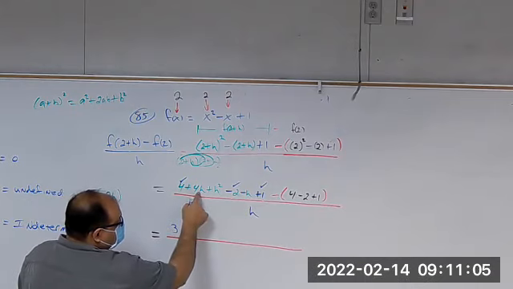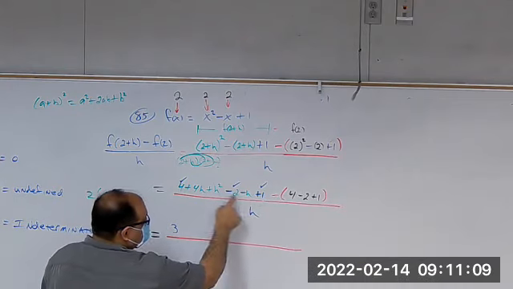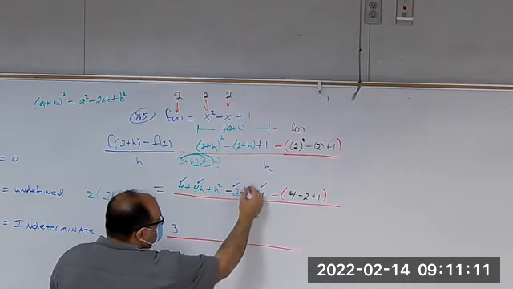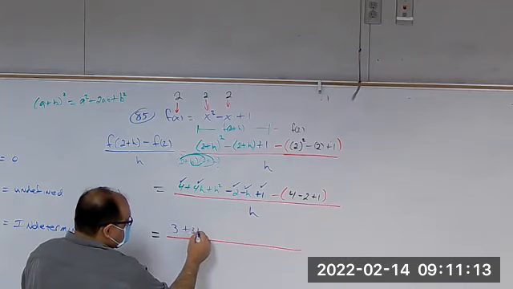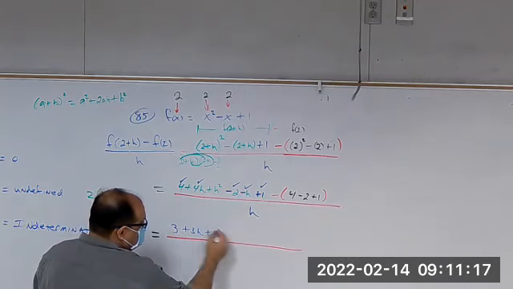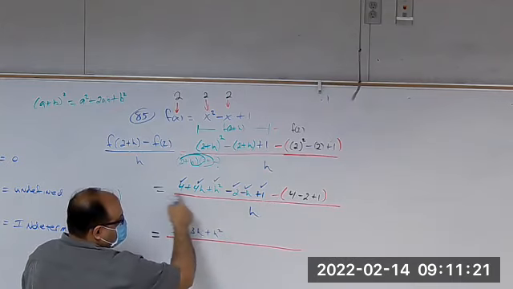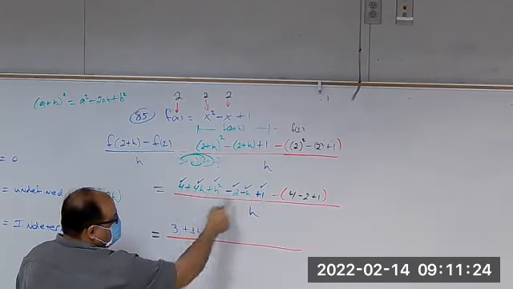And then your h to the firsts: you have a 4h minus h. 4 h's take away 1h, that's plus 3h. And then you have an h squared. So on the outside, everything is checked off. You combine everything that you can combine.